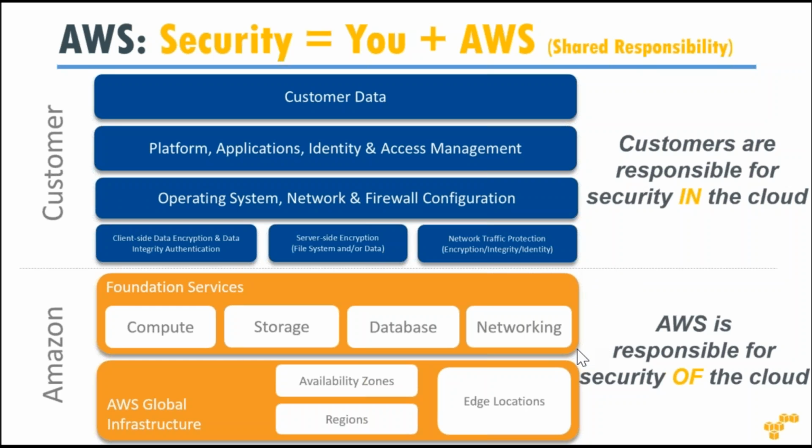Whereas from your server point of view, it might be a Windows server, a Linux server, a WebLogic application, or a Drupal or a Python application. All of this comes into your point of view, that is customer data. It is your responsibility here.